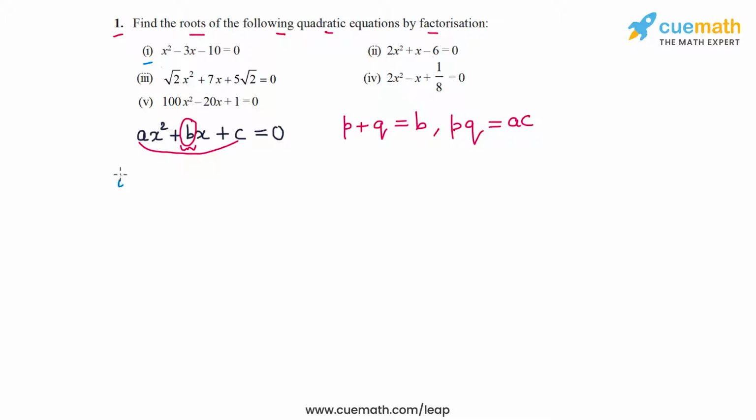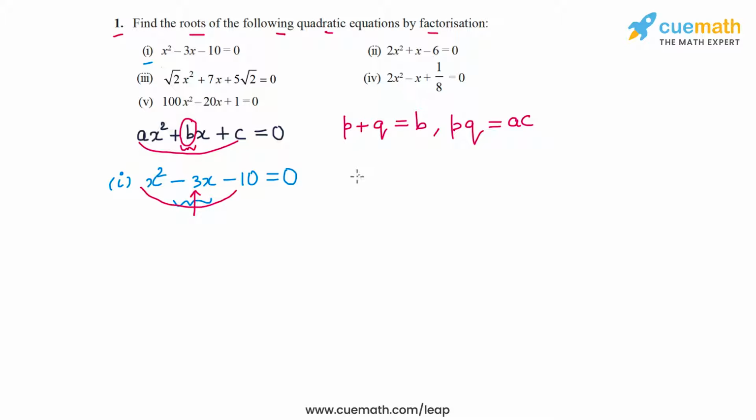In part 1, the equation is x square minus 3x minus 10 is equal to 0. We have to split this middle term minus 3x such that the sum of the coefficients is equal to minus 3 and the product is equal to 1 into minus 10, or minus 10.